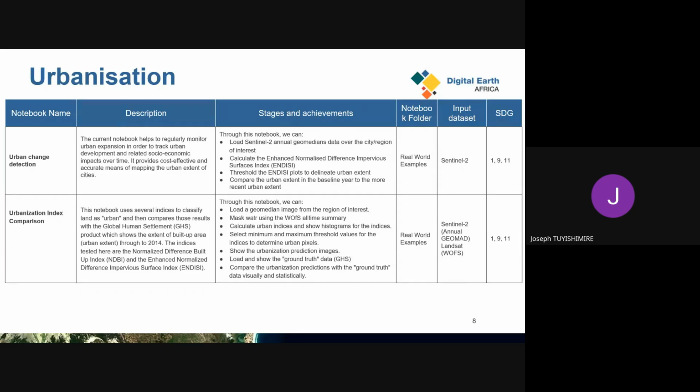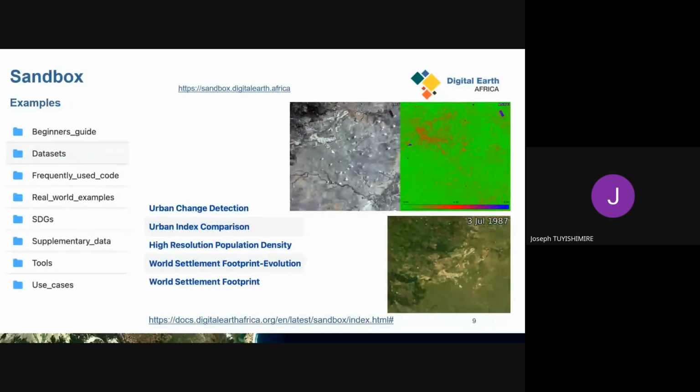And mostly we're using Sentinel 2 annual geomat, but can equally use Sentinel 1, which is radar, and also some global data sets like the global settlement footprints and others, as you'll be seeing in the demonstration.